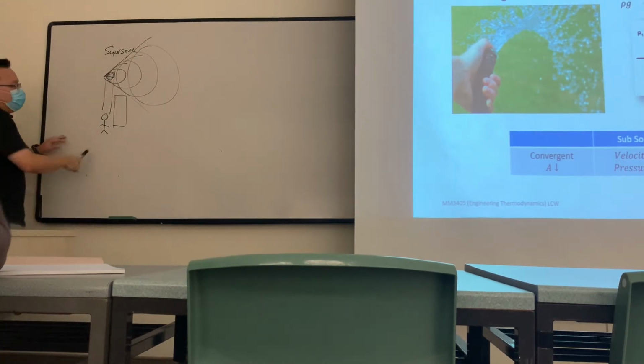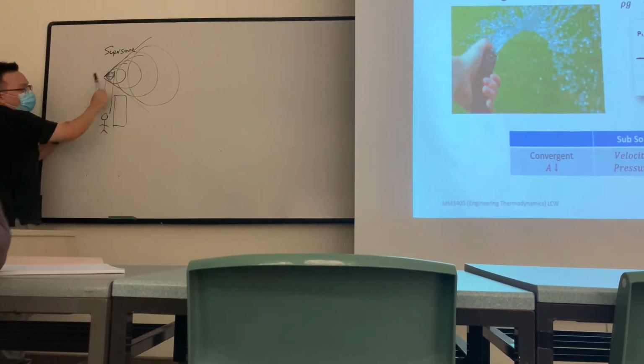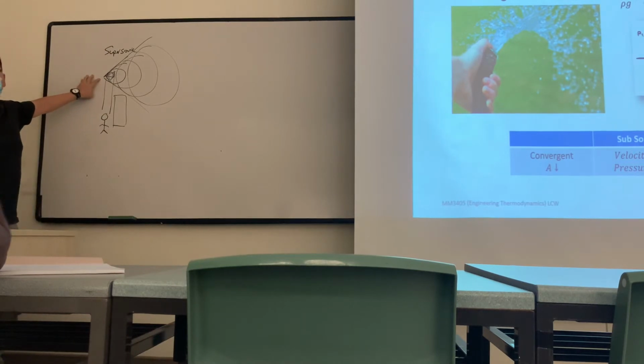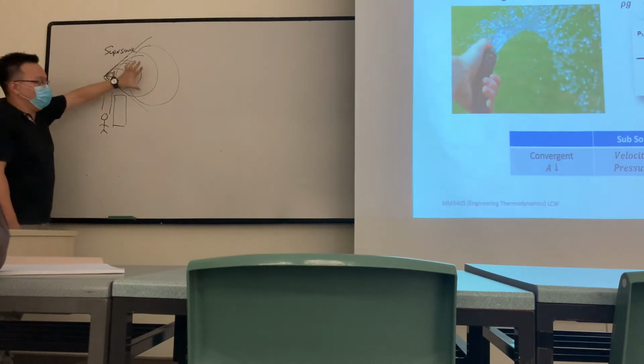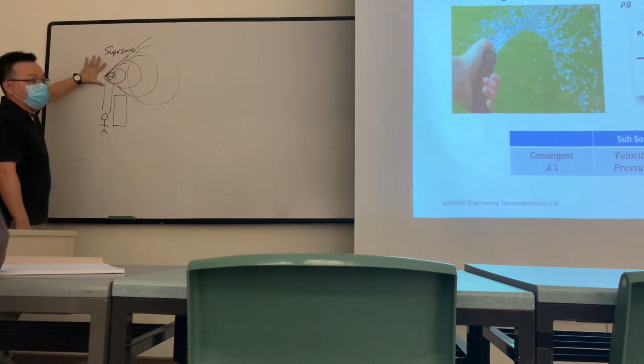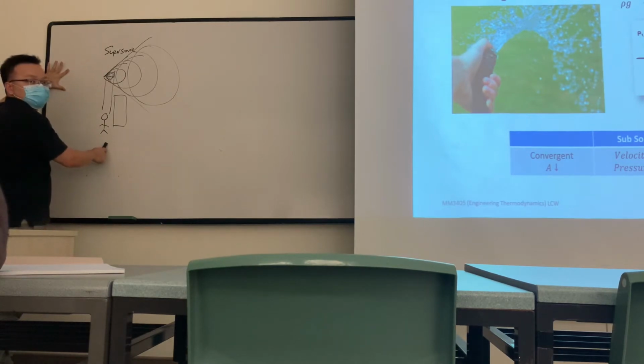So in this case, when you look up, you will see the plane first. But do you hear the plane? No, you can't hear anything. When will you hear the plane? Only at initial takeoff? No, when it's flying. So now when it's flying, when will you hear it?